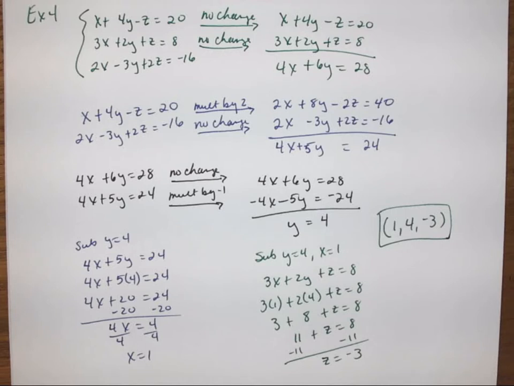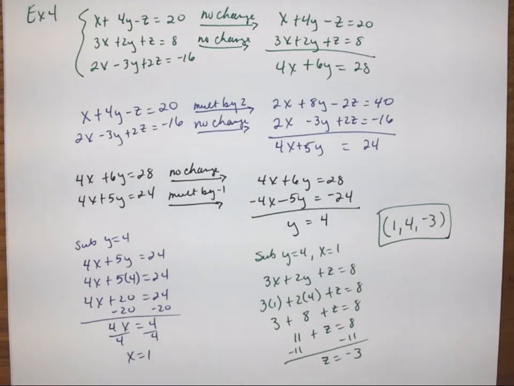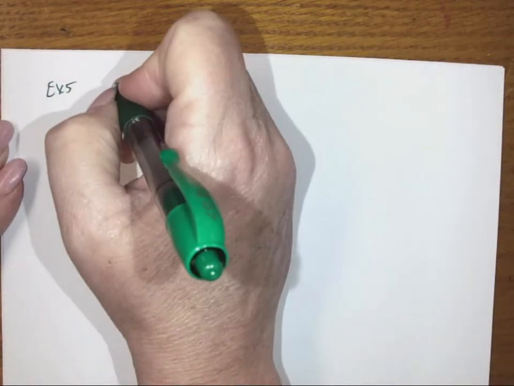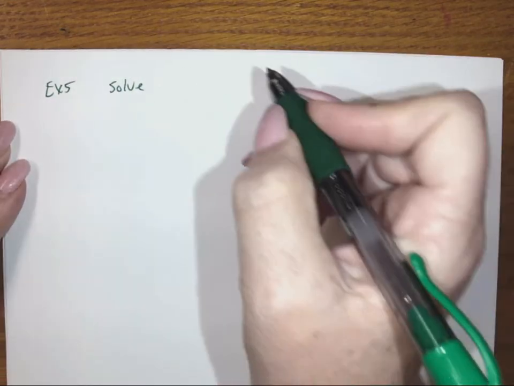So let's look at another example. So we're going to solve a system with a missing term. So we're looking at example 5, and we're solving a system.